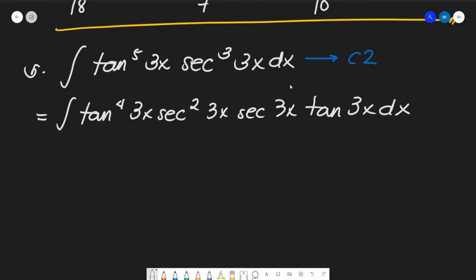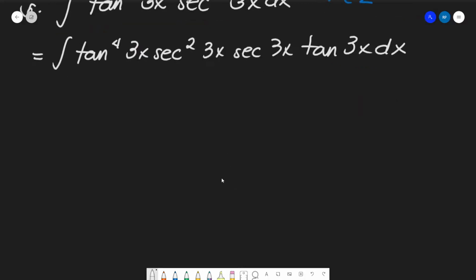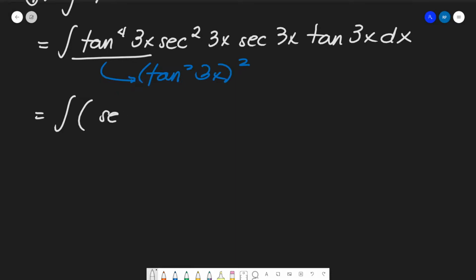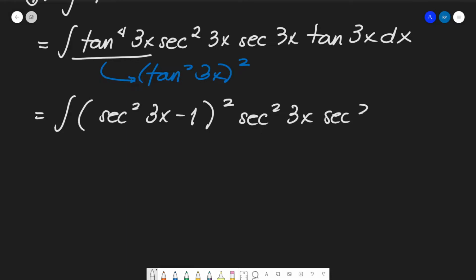Okay? Then, saan tayo magsa-substitute? Obviously, ang may condition natin yung m. So, yun tayo sa m magsa-substitute. So, again, this is equivalent to tangent squared 3x quantity squared. So, we will have the integral of secant squared 3x minus 1 squared secant squared 3x secant 3x tangent 3x dx.